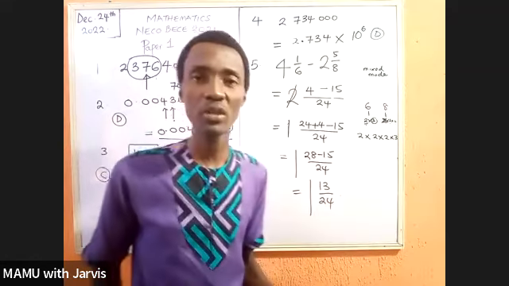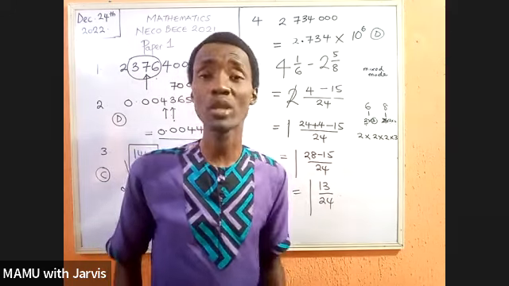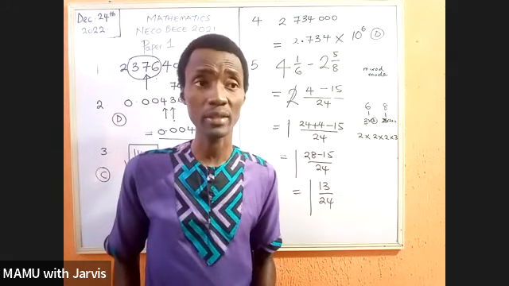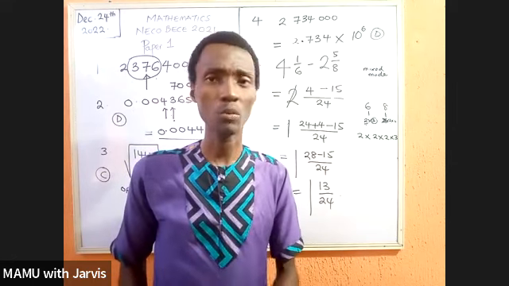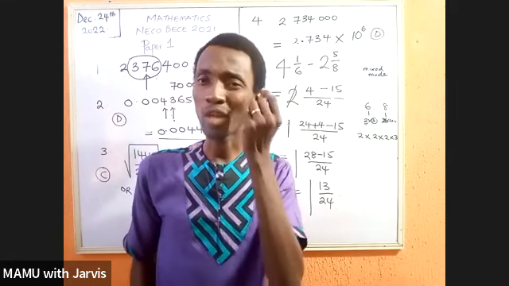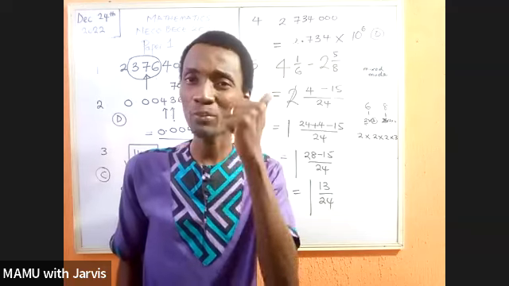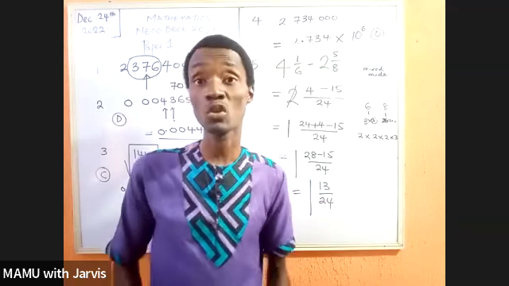Now, the big question here is this. If I use the other method, am I correct? Oh, you're very correct. You're very, very correct, especially in an exam setting. Nobody will penalize you for that. But you would have lost a very valuable idea that you can use to solve other problems.